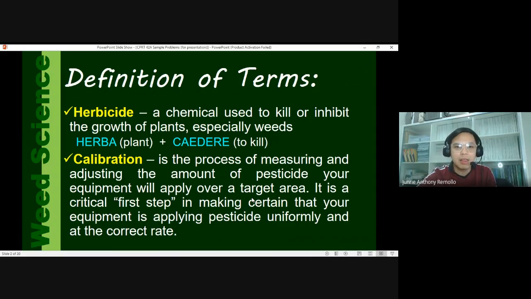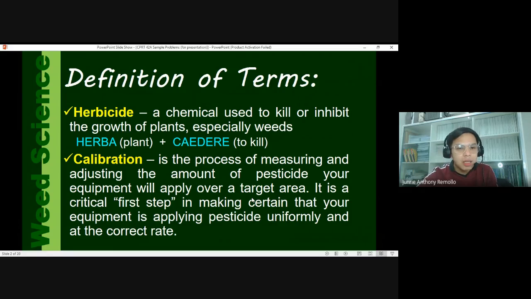Okay, before that, we need to define important terminologies. So first, herbicide. This is a chemical used to kill or inhibit the growth of plants, especially weeds. It comes from two root words: herba, which means plant, and caedere, which means to kill.